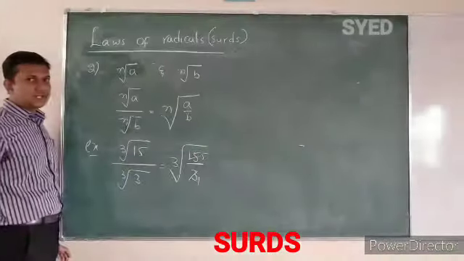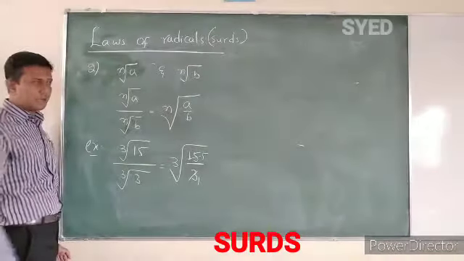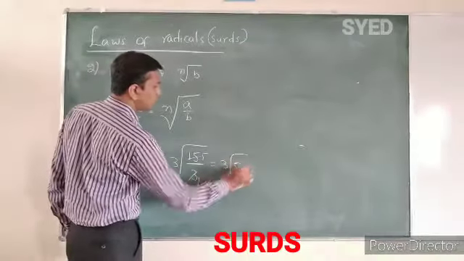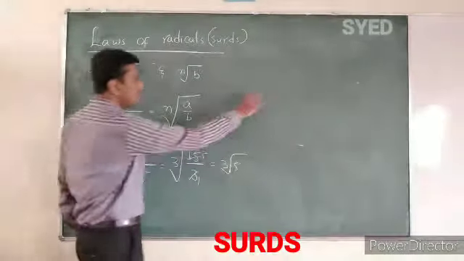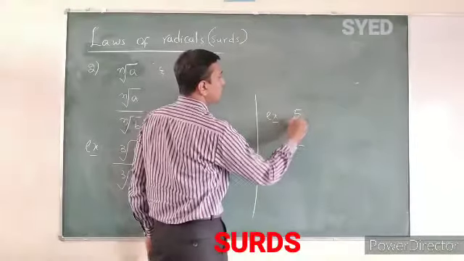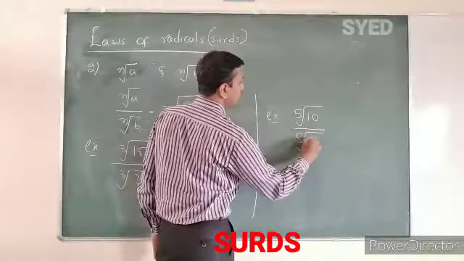As we did multiplication over there, we can do division also if they are going to be divided. Otherwise, we can leave it. So cube root 5. One more example please. 5th root 10 divided by 5th root 7.